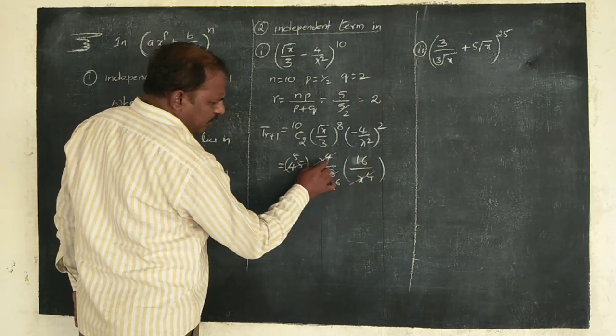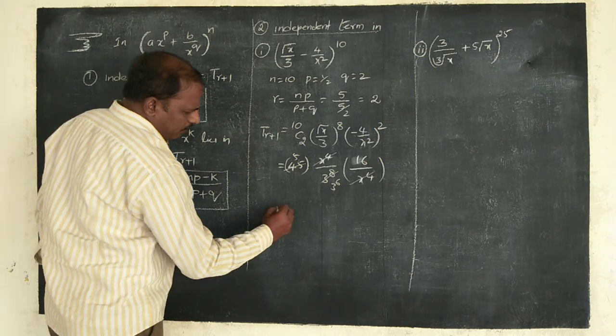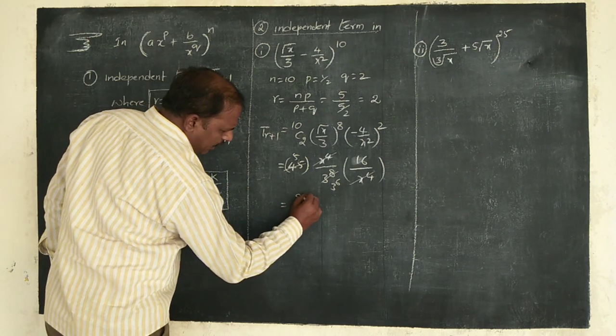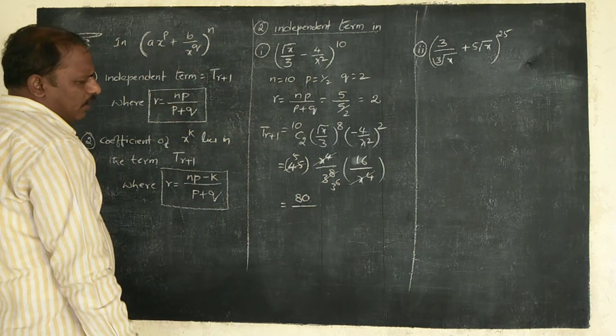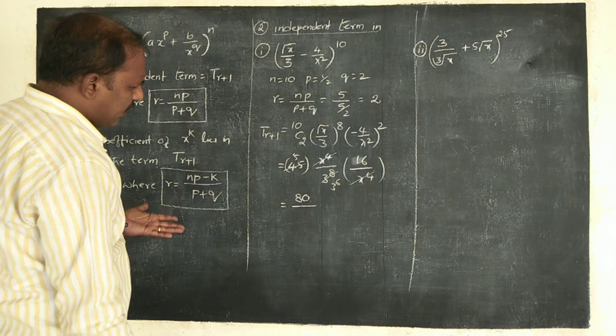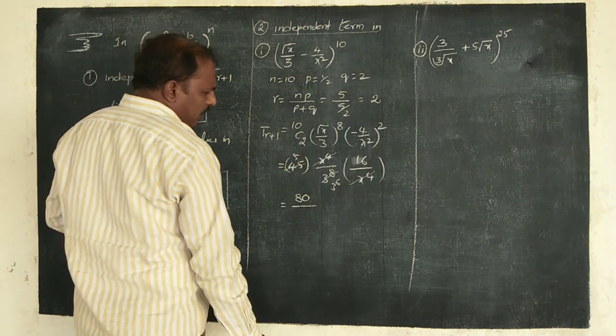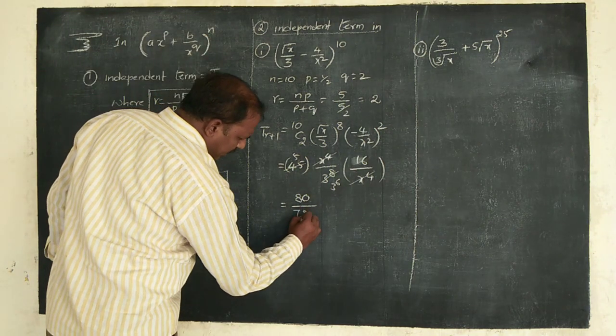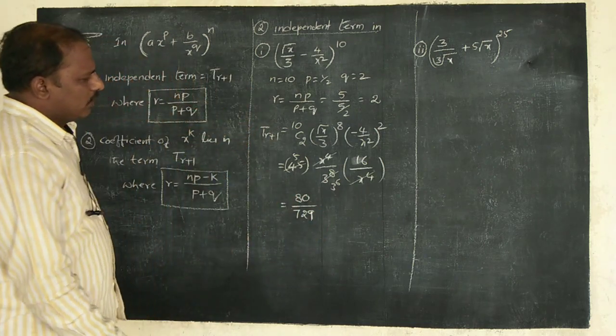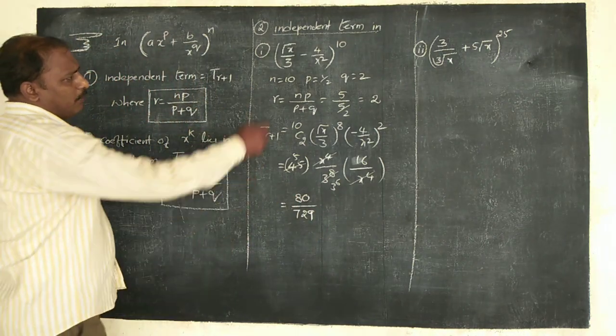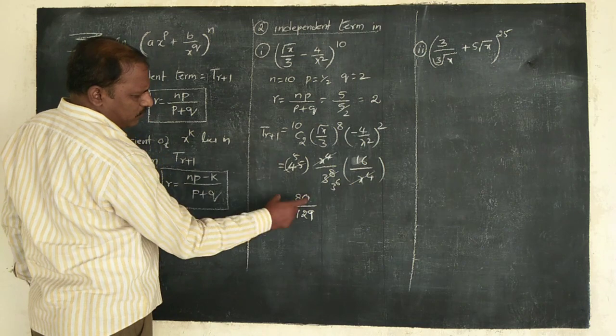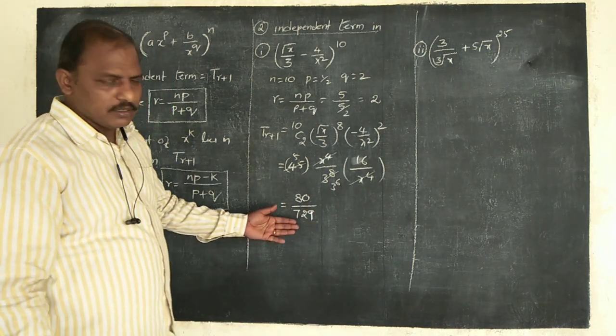This gets cancelled, so that is why we call it the independent term. This becomes 80 by 3, 3 is 9, 3 is 27, 3 is 81, 3 is 243, 729. So the independent term, Tr plus 1, has the value 80 by 729.